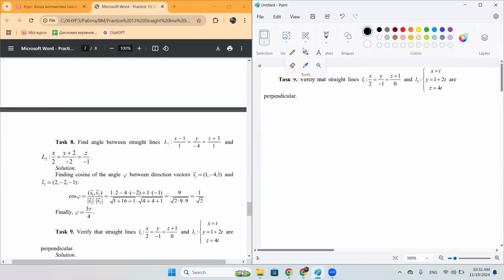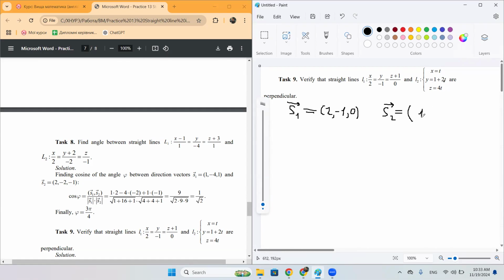So we need to find the scalar product of the direction vectors. The coordinates of the direction vector of the first straight line are the following: 2, minus 1, 0. And for the second straight line, 1, 2, 4.